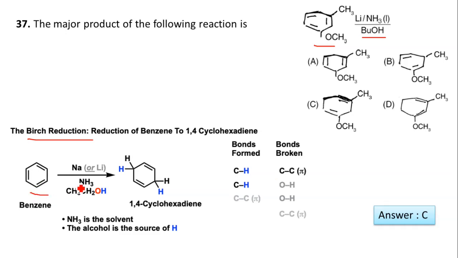If you add the reagents, a CH bond forms a CC bond, another CH bond becomes an OH bond, and another C double bond C becomes a C single bond with another C double bond C. On applying the same principle and same rule, you will end up with answer C. You will end up with answer C.